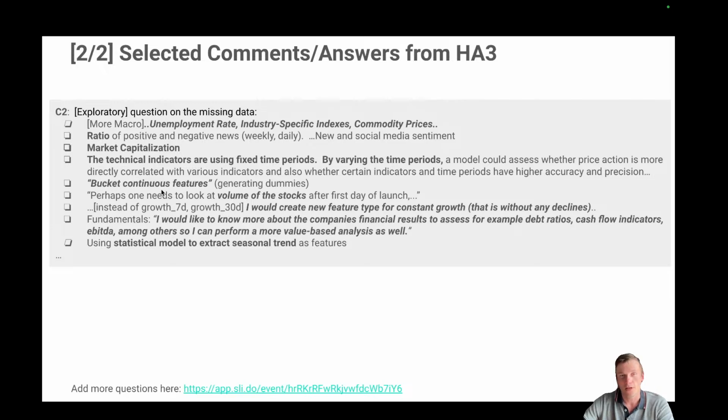Bucket continuous features. If you create a neural network or a regression model, it may be not as useful. But if you have decision trees or random forest, that's the main models that we have today, it can work well.